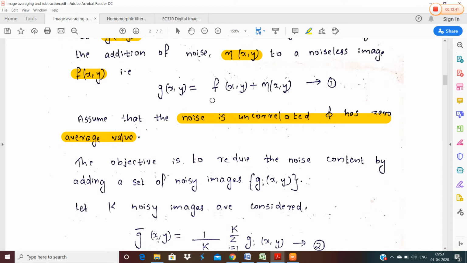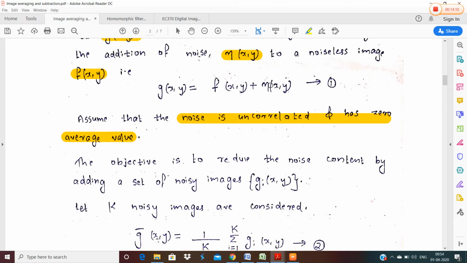So you are going to create a number of noisy images like g by adding different noises. Not different in the sense of characteristics, the characteristics of the noise are the same, but the values differ. Suppose at a certain point of time you take eta, it has a typical set of random values. After some time you again consider the same noise, but the values will be different.